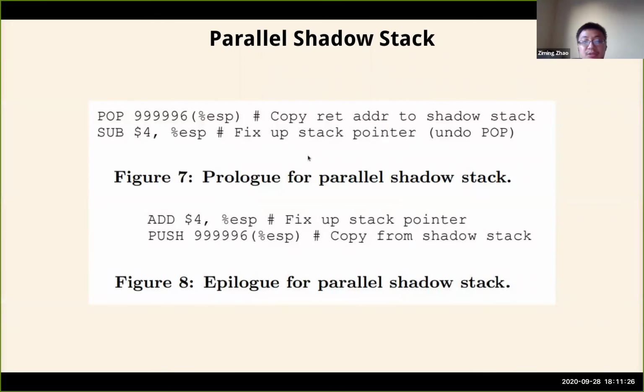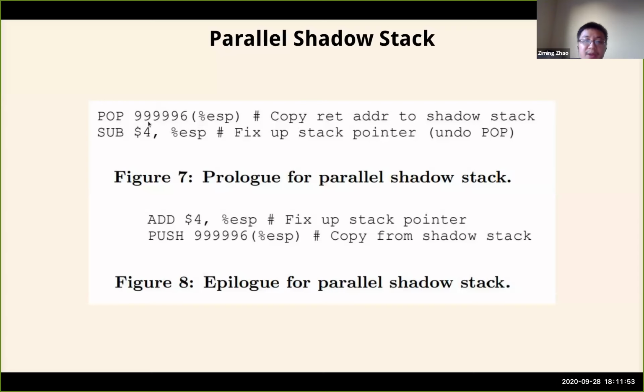And the 2 instructions will be, this piece of code is still at the beginning of the function. So ESP points to what? ESP points to the return address. So the first instruction is a pop instruction, but we're not popping to a register.